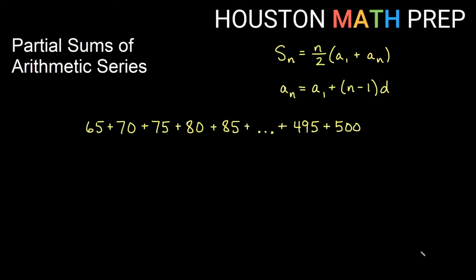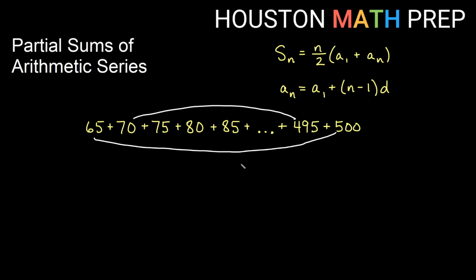Okay, looking at another one, we have 65, we're going up by 5s, and then we're stopping at 500. We can tell right away the value of each pair: going from the outside in, the value of each pair is 65 plus 500, in other words, 565.